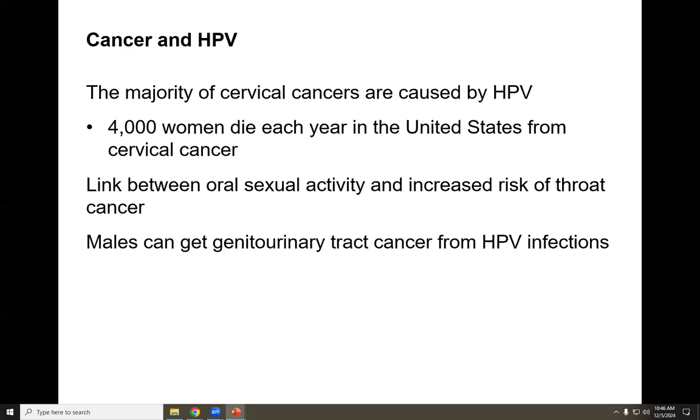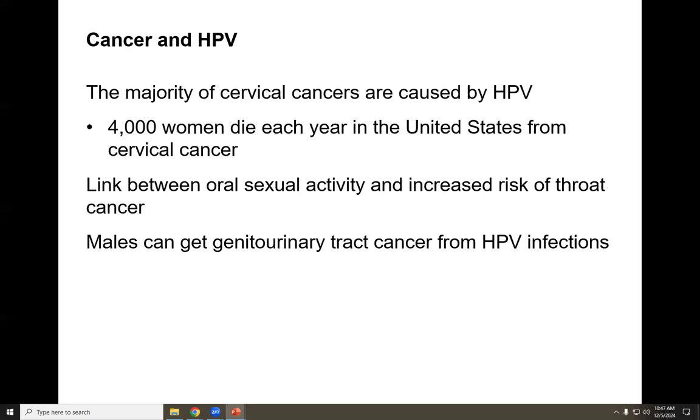You're just going to be able to recognize it from a pap smear, which is why pap smears are so important, and we need to keep pushing that women get those regularly. It's the only way really to diagnose HPV that could be relating to cervical cancer. The risk of cervical cancer has decreased dramatically over time, thanks to screening with those pap smears. But still, 4,000 women die each year in just the US from cervical cancer.